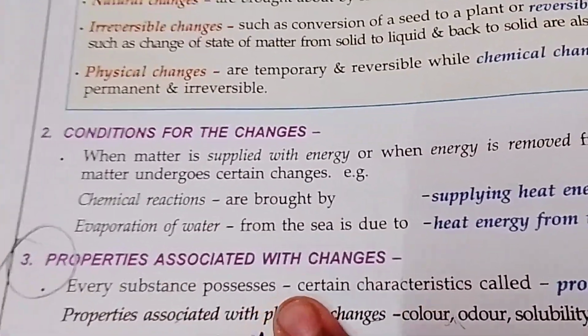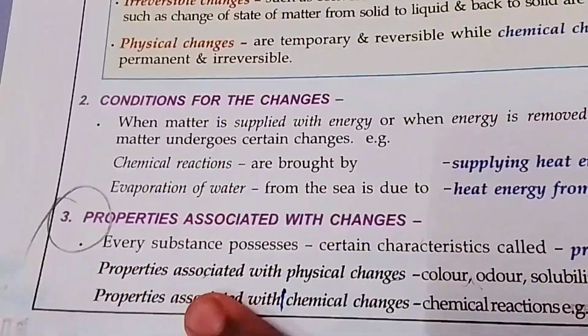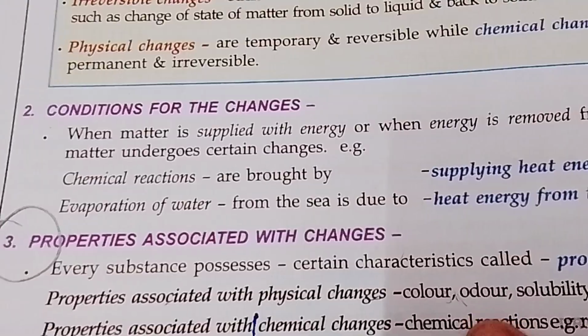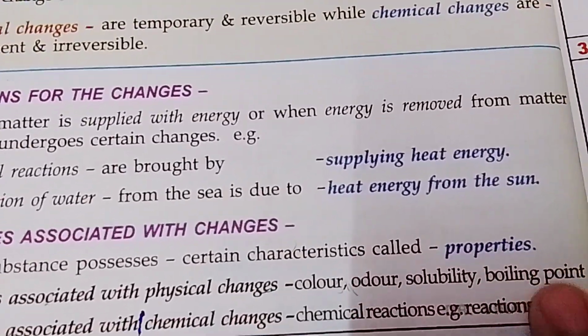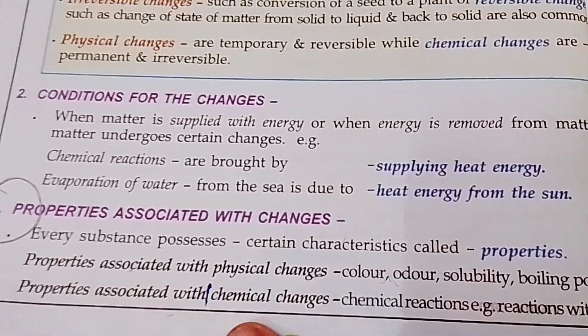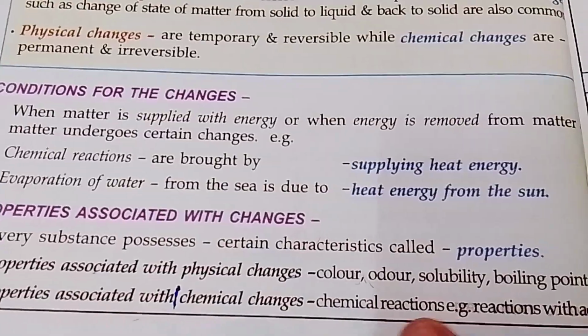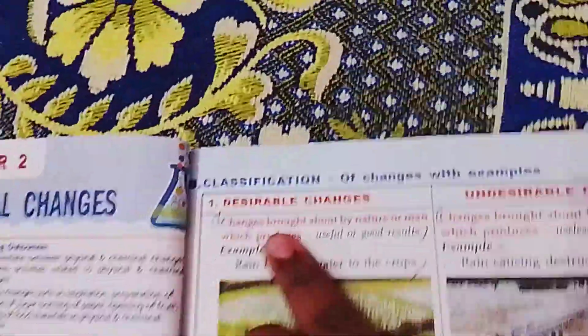Every substance possesses certain characteristics called properties. Properties associated with physical changes: color, odor, solubility, boiling point, etc. Properties associated with chemical changes: chemical reaction. Example, reaction with acid. Classifications of changes with experiment.